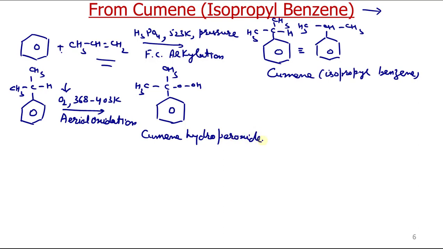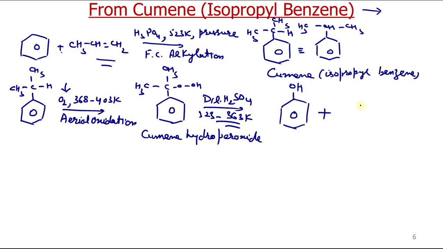This is your cumene hydroperoxide. Now upon reaction with dilute sulfuric acid, it undergoes rearrangement, with dilute sulfuric acid at around 323 to 363 Kelvin. These are the temperature ranges. So it undergoes a rearrangement to give you phenol plus acetone.